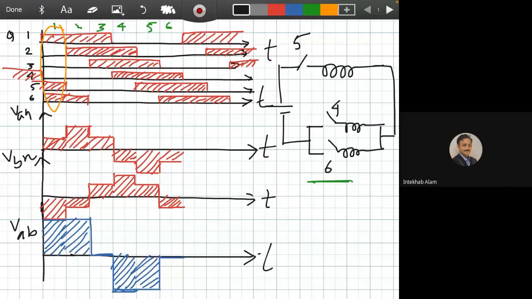Okay, so we can proceed with 120-degree conduction. You may observe one thing. You will get this idea also later for 120. There is no voltage output in these 2 points, which I have marked with an orange circle. So there will be line to line voltage will be. Just a moment.